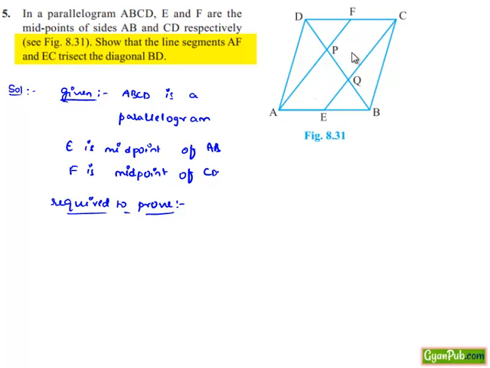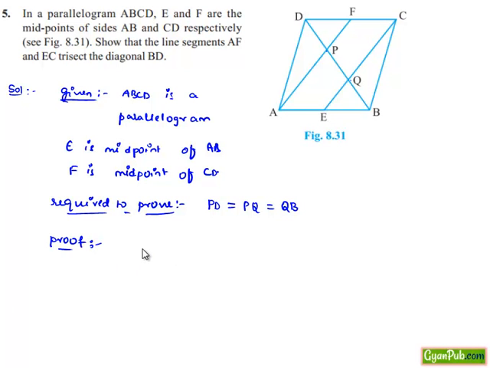So here if we observe, AF intersects BD in P and EC intersects BD in Q. If AF and EC trisect the line segment BD, then we need to prove that PD is equal to PQ is equal to QB. Now in order to prove this, let us move on to the proof.